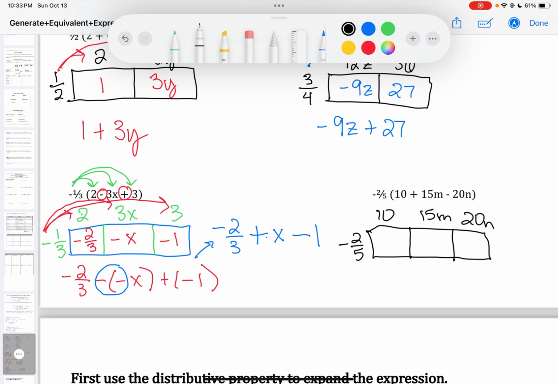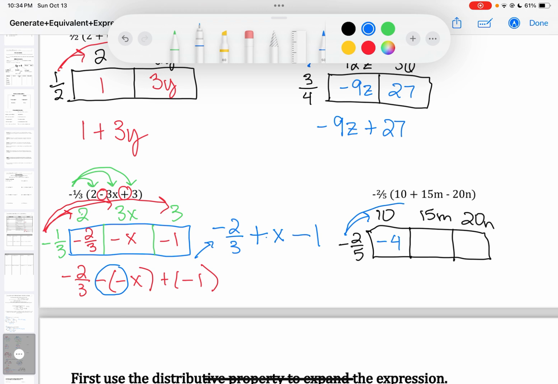Now, at this point, I would recommend using your calculator. It will just be faster. So 2/5 times 10 is 4, but since we have a negative being multiplied to a positive, it's going to be a negative 4. So negative 2/5 times 10 is negative 4.